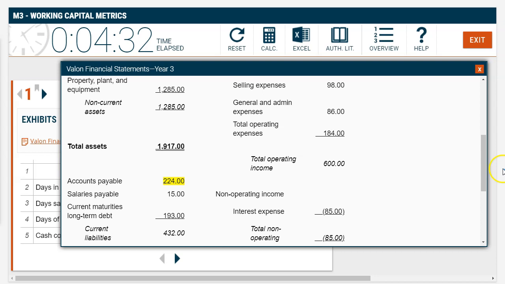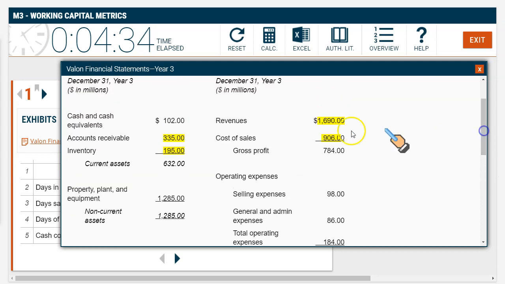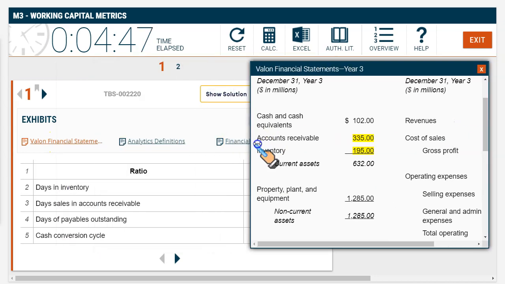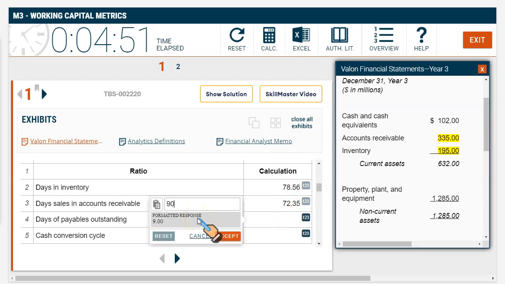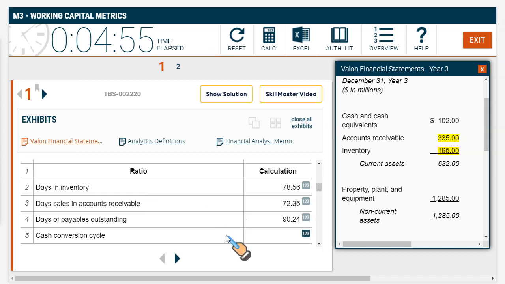And 224 is divided by the cost of sales, that is 906. 224 upon 906 multiplied by 365 gives you 90.242, which can be rounded off to 90.24. So you're going to put 90.24, and that's going to be your average payment period.